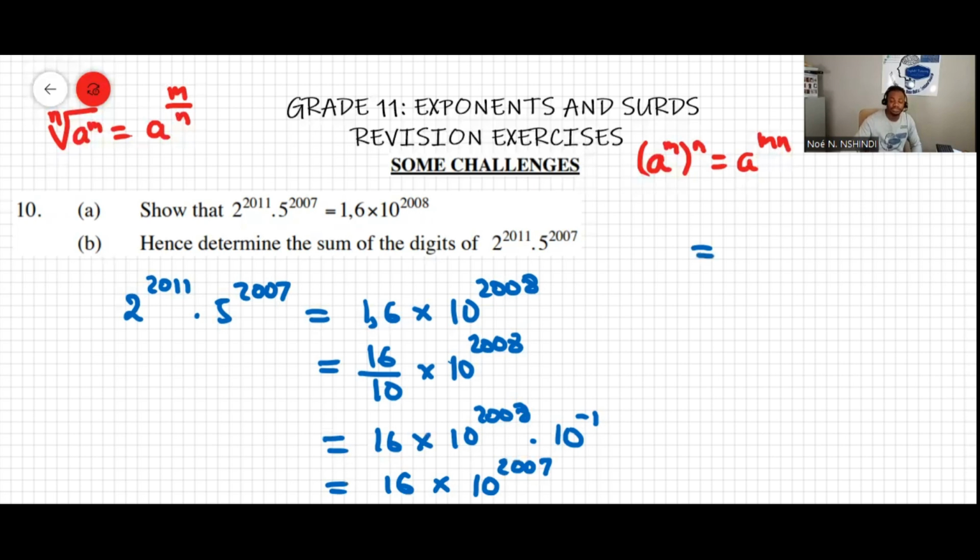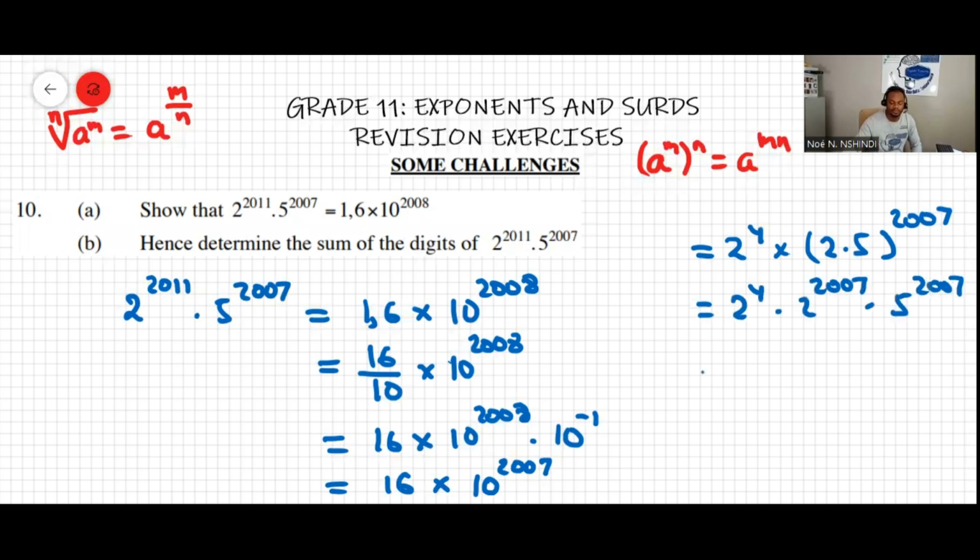Now 16 can be written in its exponential form, it's 2 to the power of 4. And then 10 also can be written in terms of its prime factors. It's 2 times 5 to the power of 2007 now. Okay, the power of 2007 is for both 2 and 5. So 2 to the 2007 multiplied by 5 to the 2007.